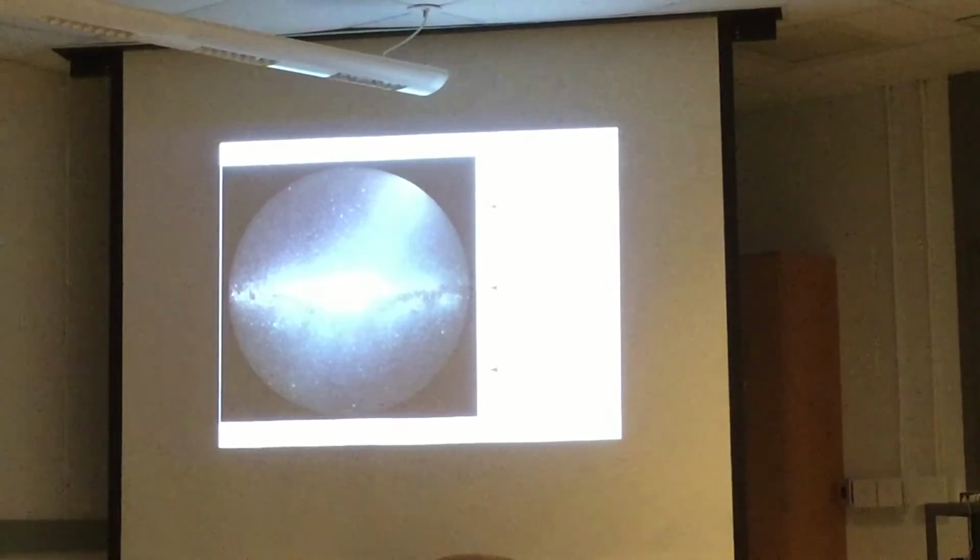We're seeing the fact that we live in the disk of our Milky Way galaxy. We live in a disk galaxy that has stars, gas, and dust concentrated in the disk, but it also has what we call a halo, a spherical distribution of stars, not gas and dust, but of stars above and below the disk.